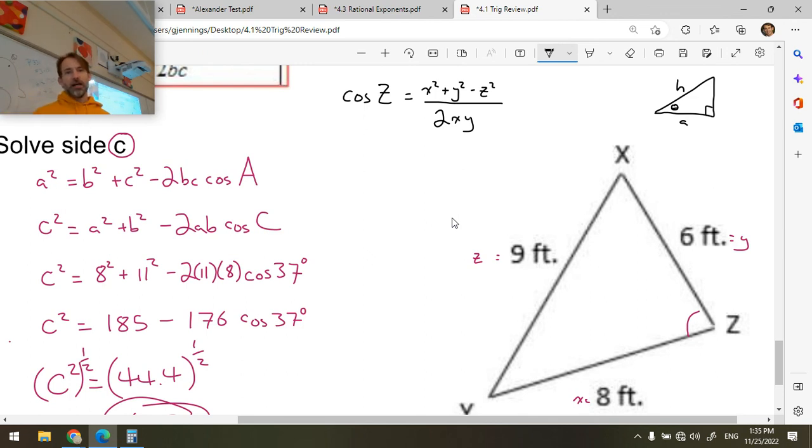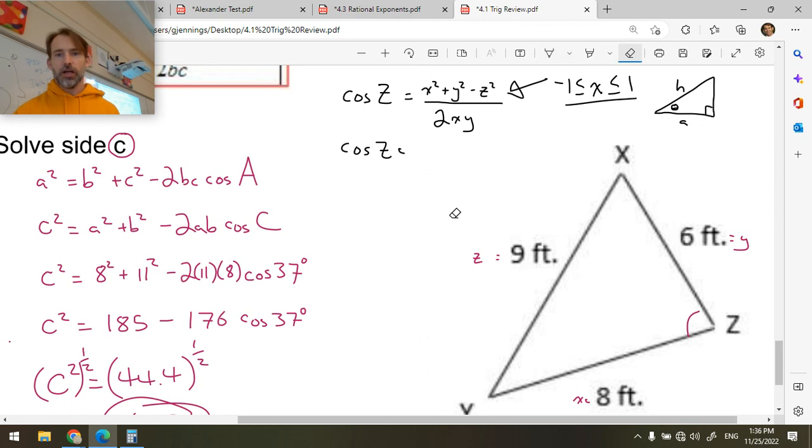Okay, so we're expecting an answer here on this side of the equation to be within that range. Okay, so let's sub in. Cosine of z is equal to 8 squared plus 6 squared minus 9 squared.